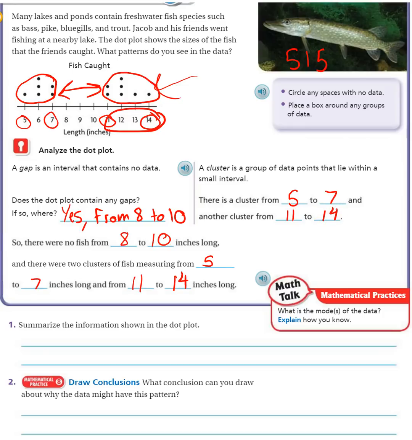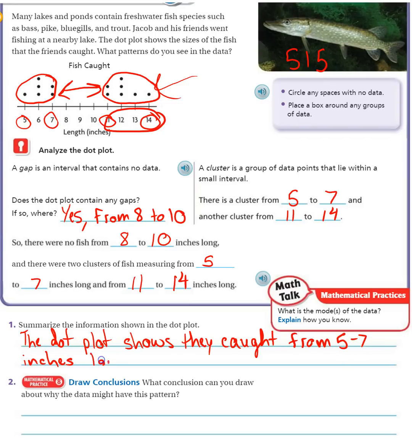Okay, summarize the information shown in the dot plot. So we can just kind of put it in our own words. The dot plot shows a caught fish from 5 to 7 inches long. And 11 to 14 inches long.